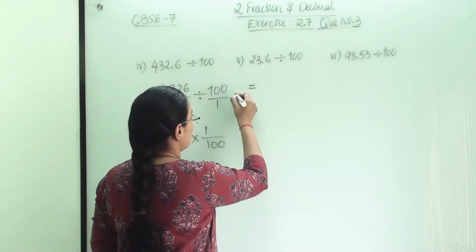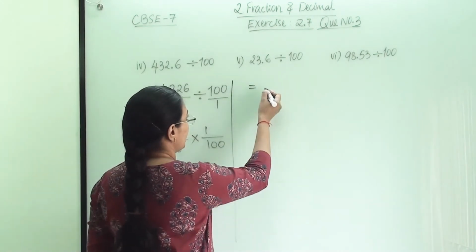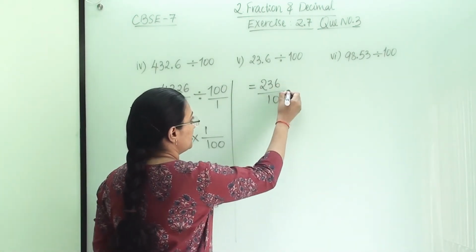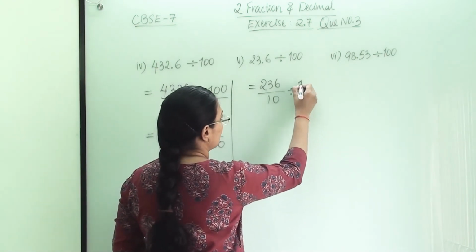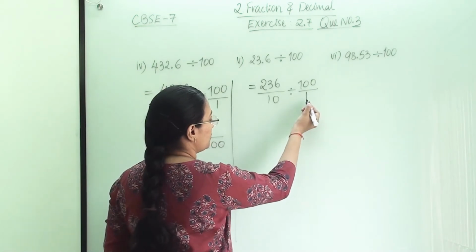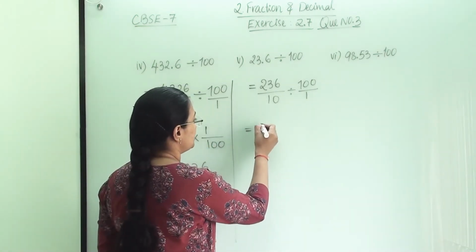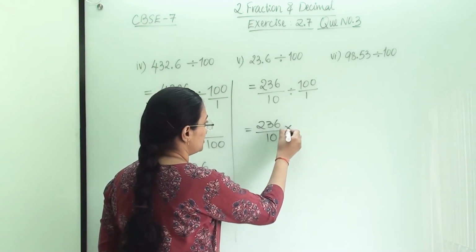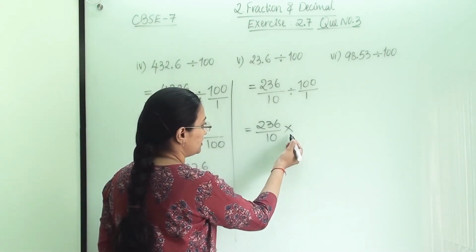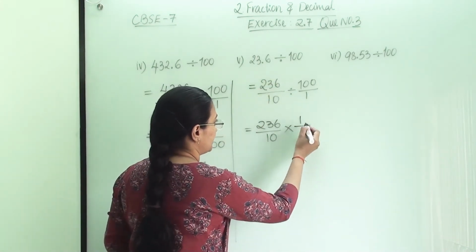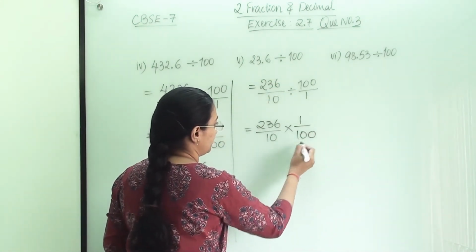First we convert this into its fraction form. So 236 over 10, divided by 100, which is a whole number, so we write 1. In the next step, we convert this division sign into a multiplication sign and take this fraction's reciprocal, so 1 divided by 100.